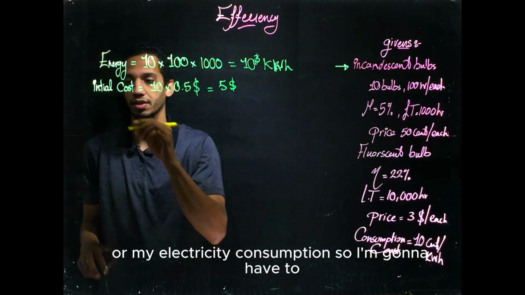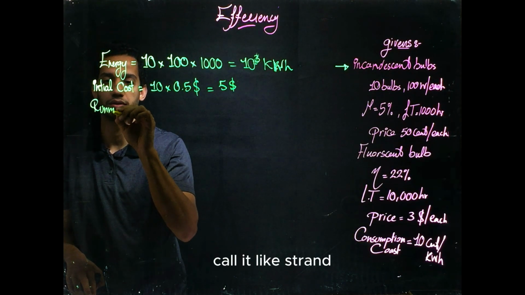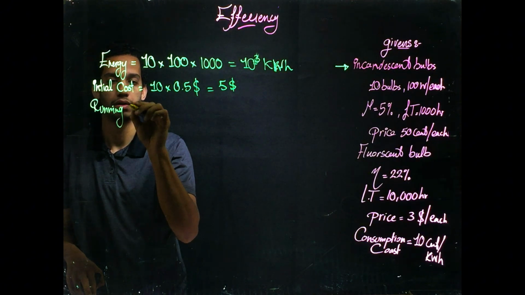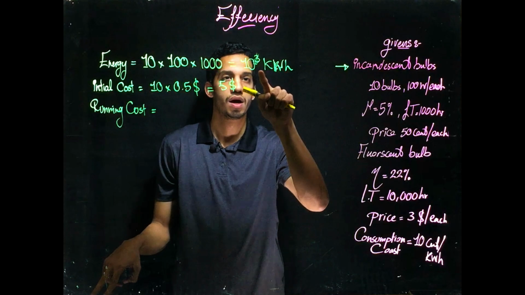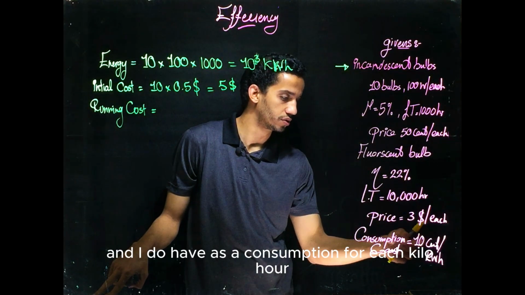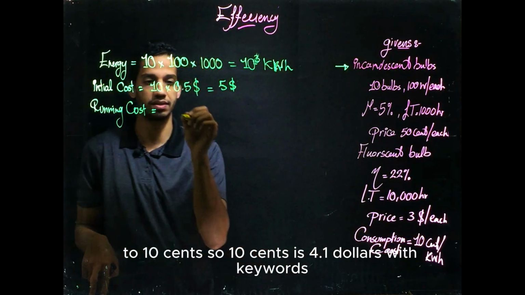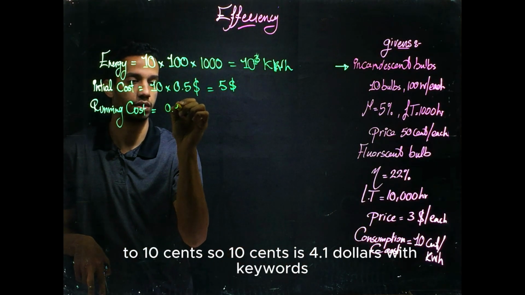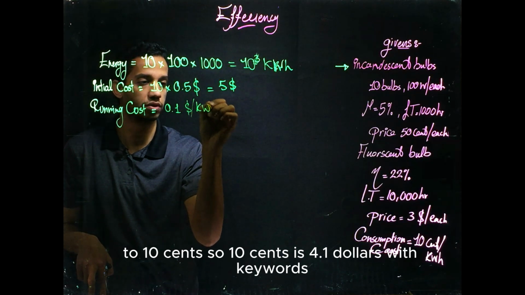And I want to calculate my running cost, or my electricity consumption. The running cost equals, I consume 10 to the power 3 kilowatt hours, and I have a price for each kilowatt hour, which is 10 cents, so $0.1 per kilowatt hour.